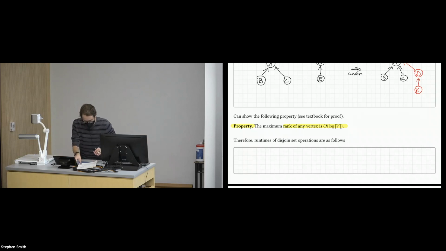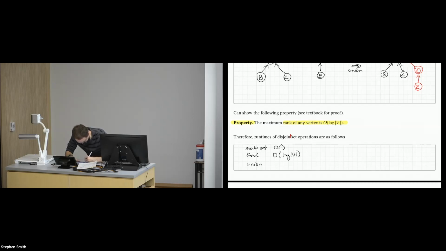So that's enough then to give us the runtime, which is, we then have make set is big O of 1. We have find is big O of log V. And we have union. It takes 2 finds, so it's big O of log V as well.